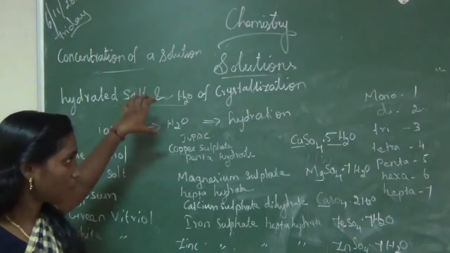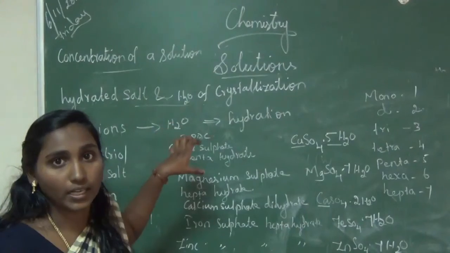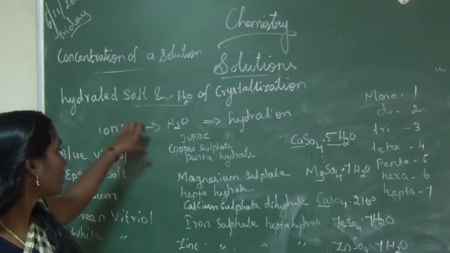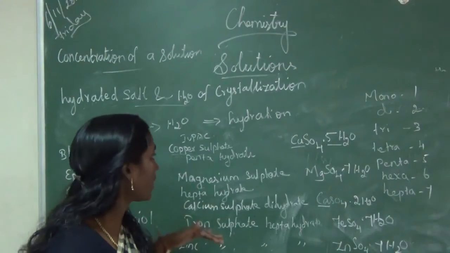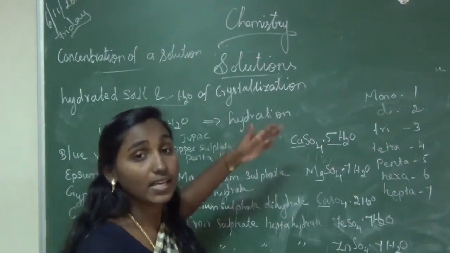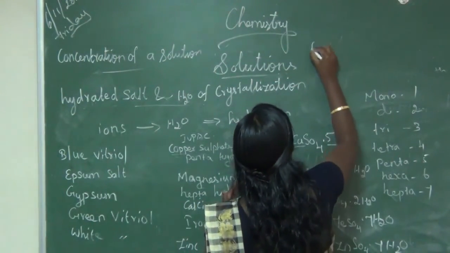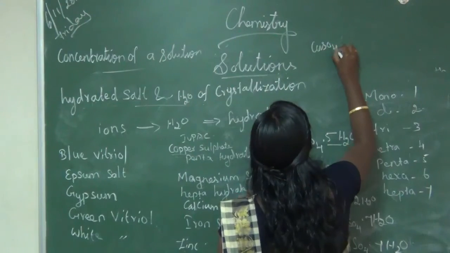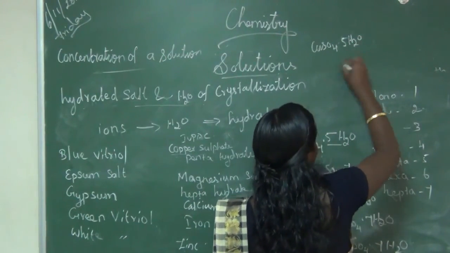5. Actually, this blue vitriol is blue in color. On heating, this blue vitriol loses its water molecules, and it will lose its color also. So we can write the equation for blue vitriol. CuSO4.5H2O is copper sulfate pentahydrate.